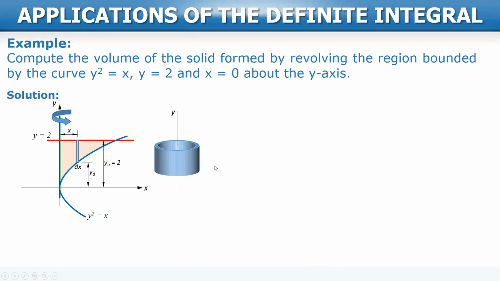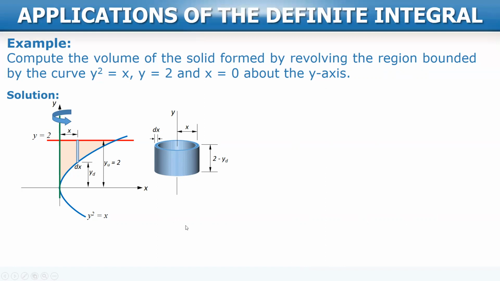And then label, no? Height of the strip is simply y up minus y down, radius of x, and then thickness of dx.